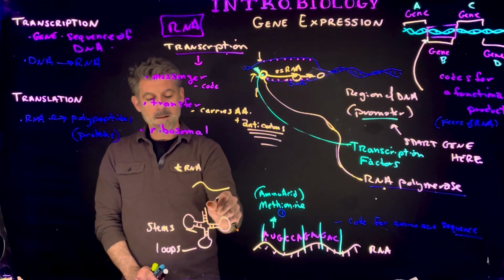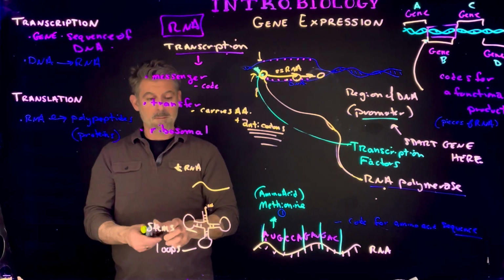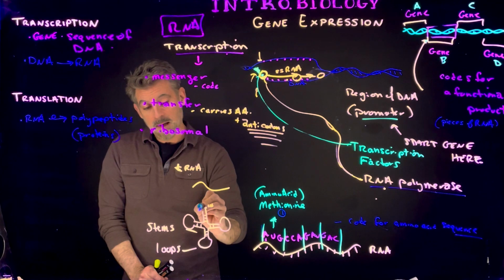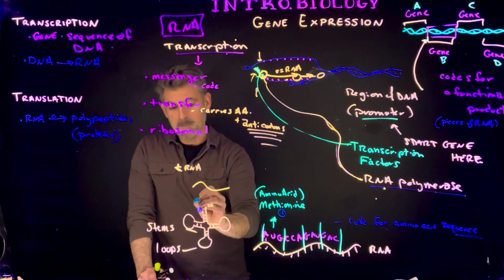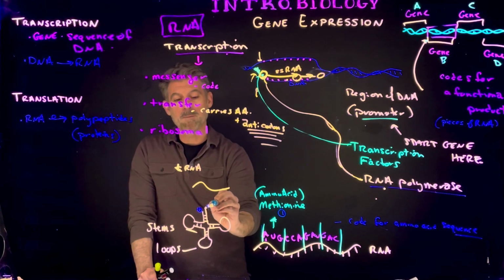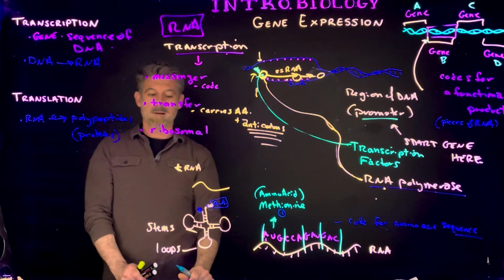One of these stems has the 3' OH group. Remember we talked about DNA having ends, and RNA also has ends, a phosphate end and a hydroxyl end, 5' and 3'. On the 3' end, the one with the OH group, that's where the amino acid gets attached to this transfer RNA.